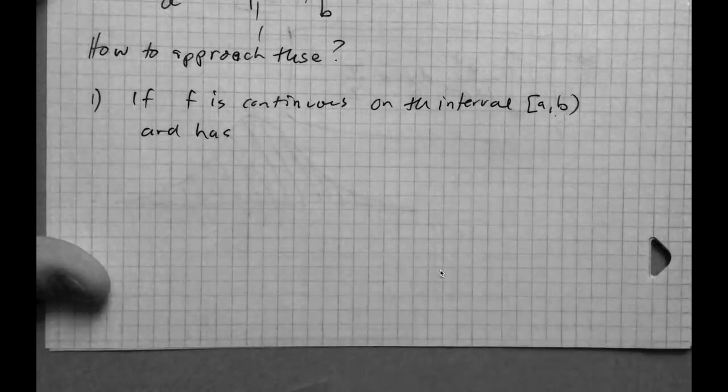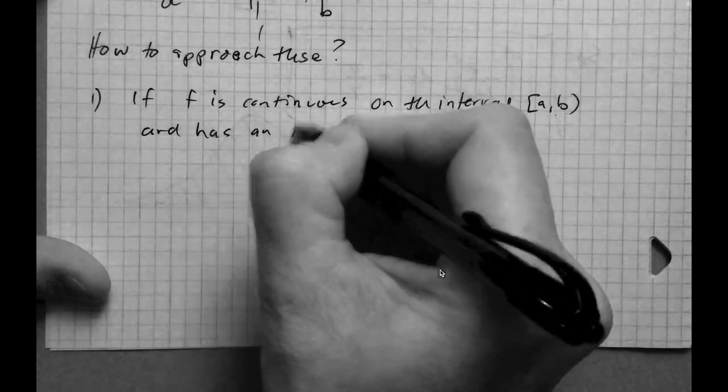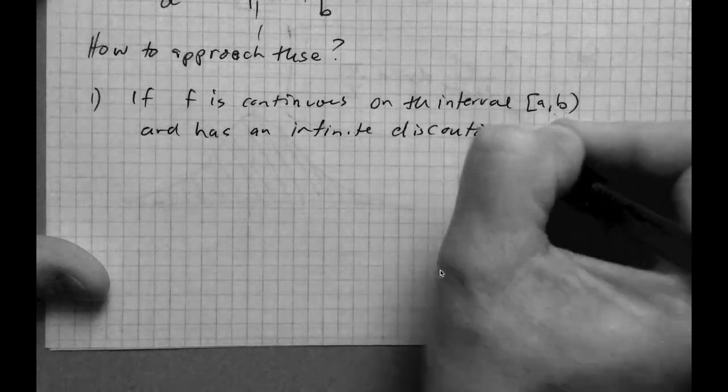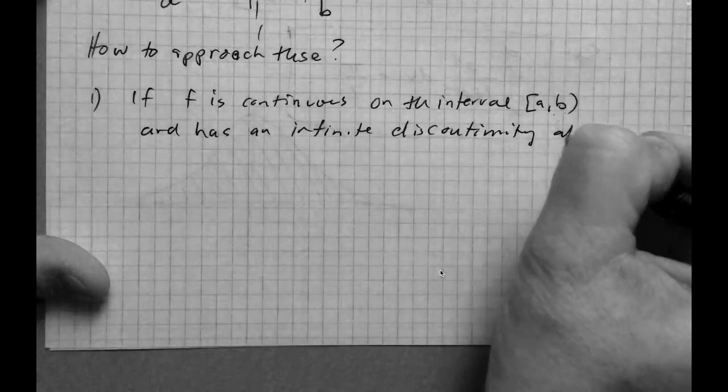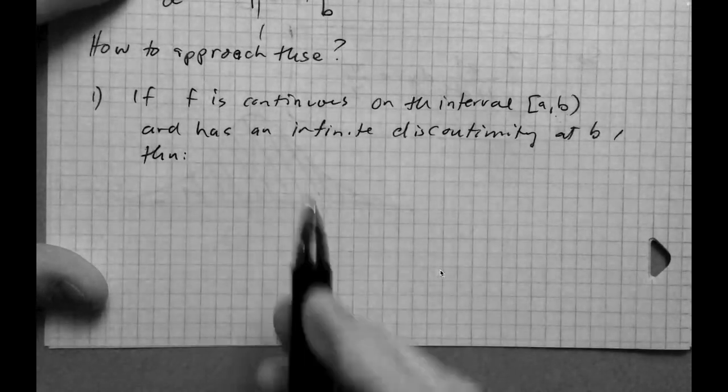So if f is continuous on the interval a up to, but not including b, and has an infinite discontinuity at b, then here's what we're going to do.